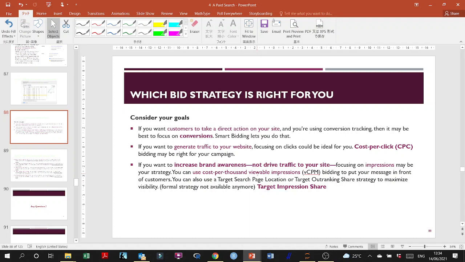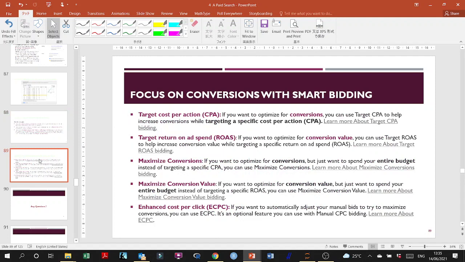So if you want to do cost per action and it is on conversions, then it doesn't really matter if the match type is broad or exact. But if you're paying per click, then it does matter. And you probably want to use this kind of bidding strategy for campaigns, ads or ad groups that house the exact keyword match type.